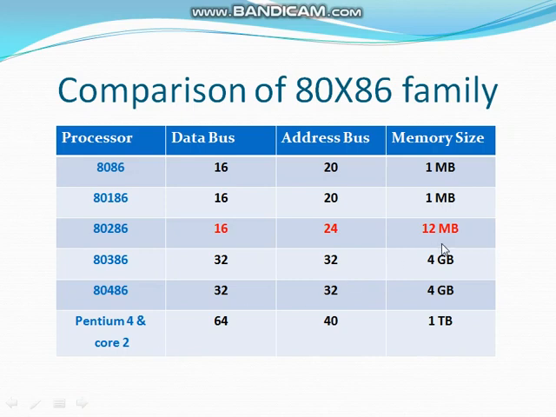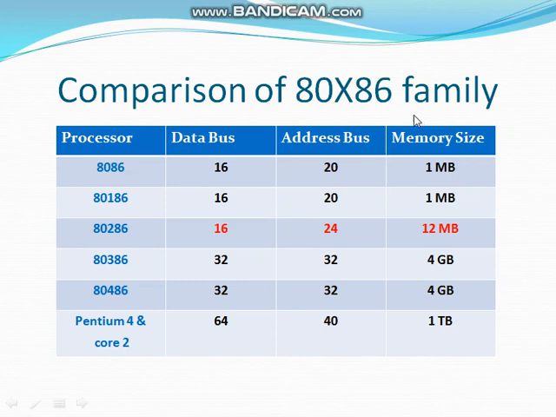Next part, we are comparing the Intel 86 family with respect to the data bus, address bus, and its memory addressing capability. 8086 has a 16-bit data bus, 20-bit address bus.